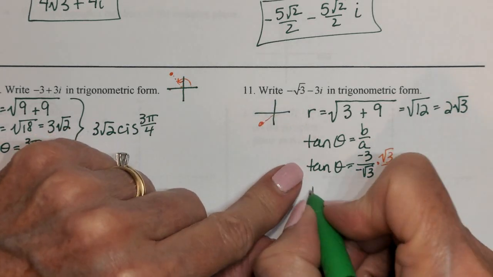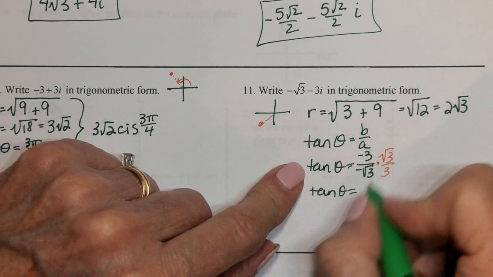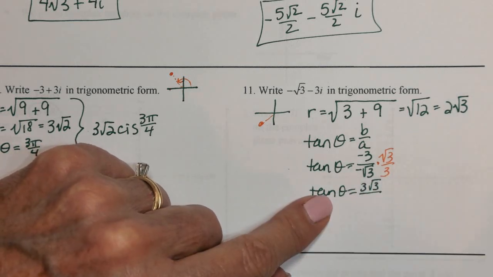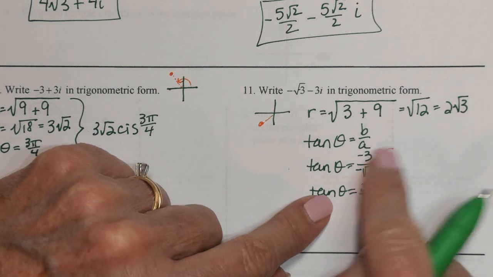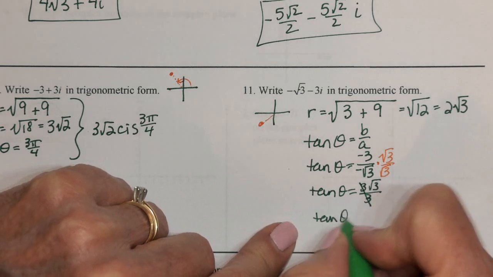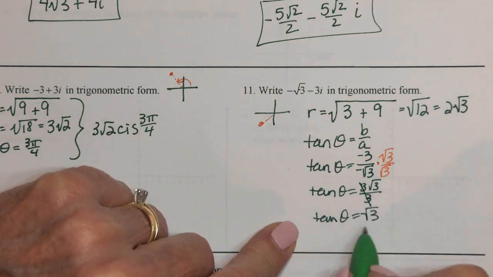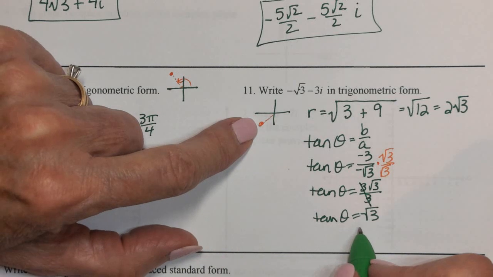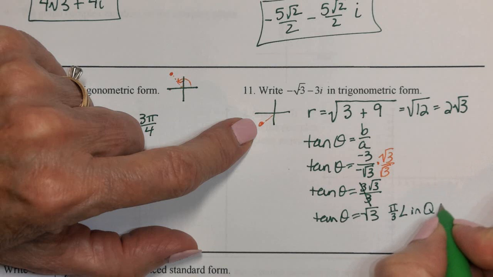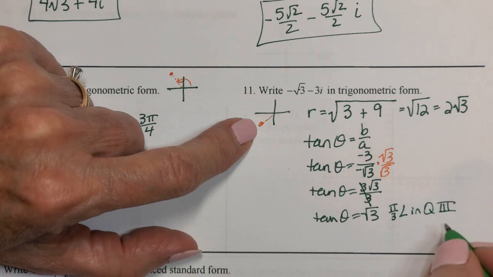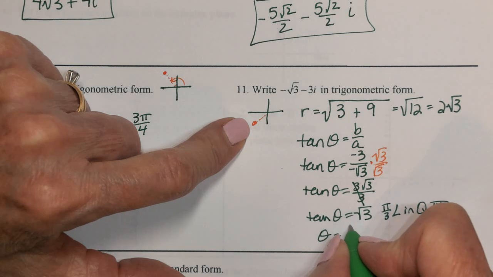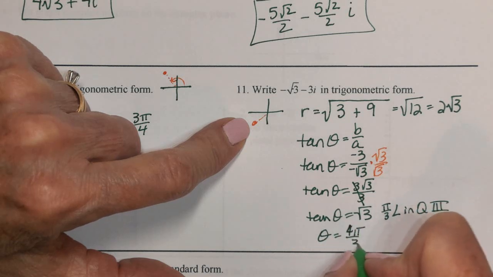And when I rationalize, I get tangent of theta is positive 3 square root 3 divided by 3. The 3's reduce out, and I get tangent of theta is square root of 3. That means that this is the pi over 3 angle in quadrant 3. And the pi over 3 angle in quadrant 3 is 4 pi over 3.